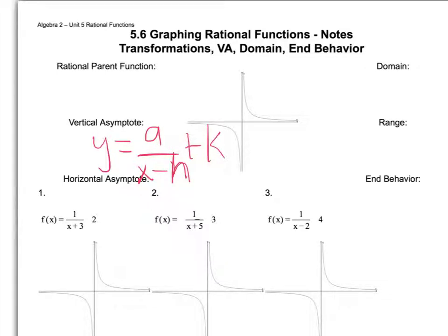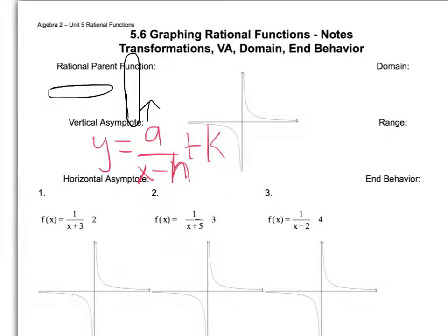And the a right here controls the stretch or shrink. So, is the graph going to go wide, or is it going to go tall? Who knows? It's a mystery. Until you find out what a is, of course, then you know.